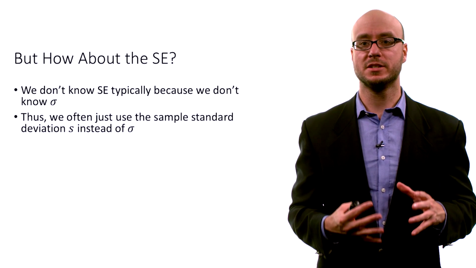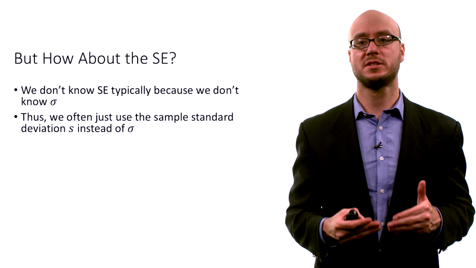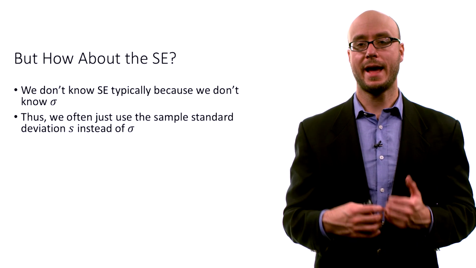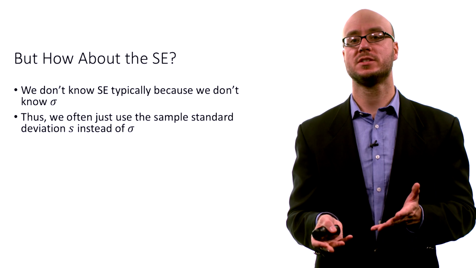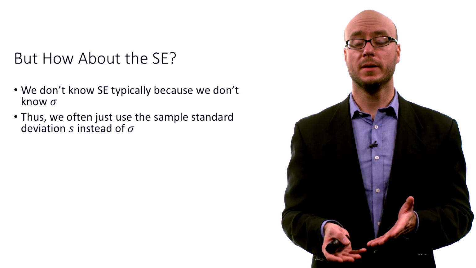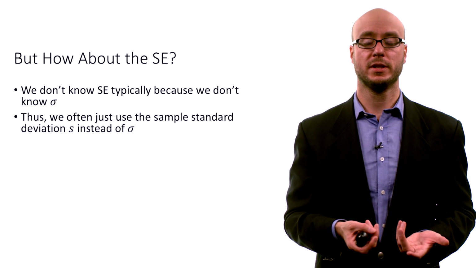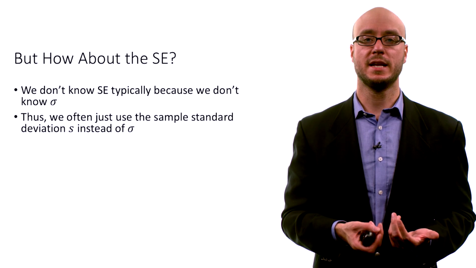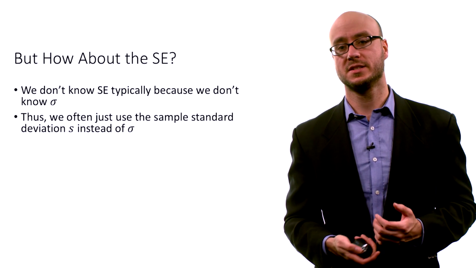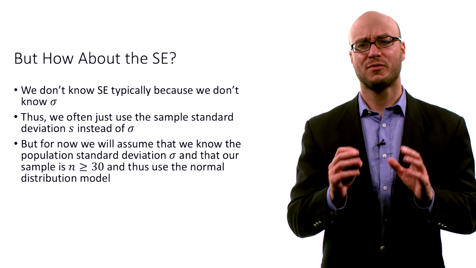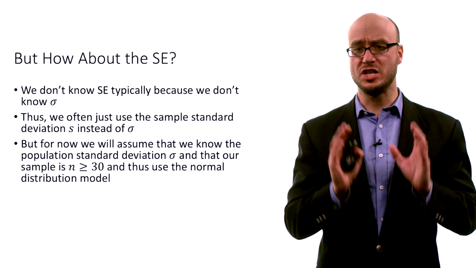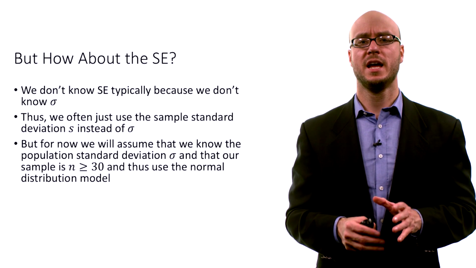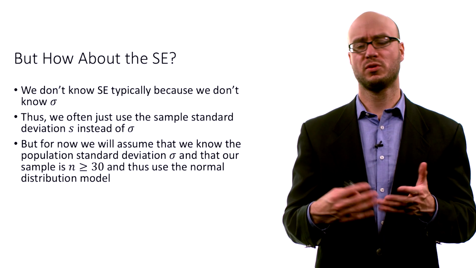Thus, in practice, we typically use the sample standard deviation S as our best guess for the population standard deviation, sigma, in the same way that we use the sample mean X bar as our single best guess for the population mean mu. For now, we're going to assume that we know the population standard deviation sigma and that our sample is pretty large, 30 or greater in terms of the number of observations.